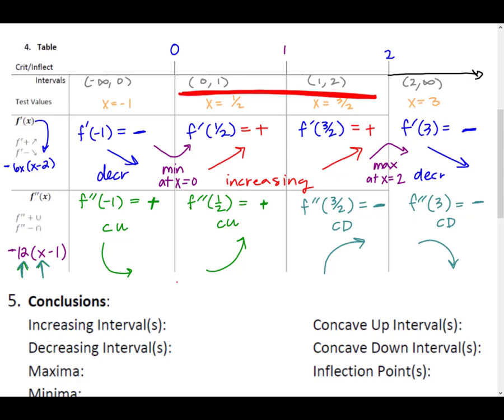So our increasing interval is 0 to 2. And our decreasing intervals are to the left of 0 and the right of 2. So that would be negative infinity to 0 union 2 to positive infinity.